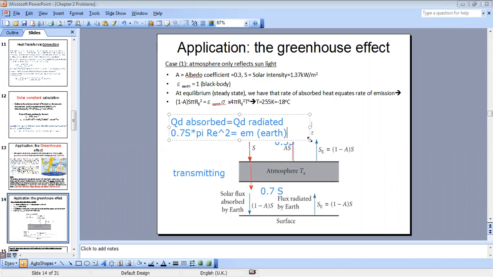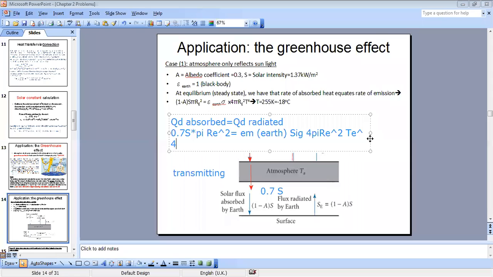Then I should multiply by the Boltzmann constant, which is sigma, times the area that is radiating. What is the area radiating? It's 4 pi r square. So times 4 pi times radius of the Earth square, times the temperature of Earth to the power 4.